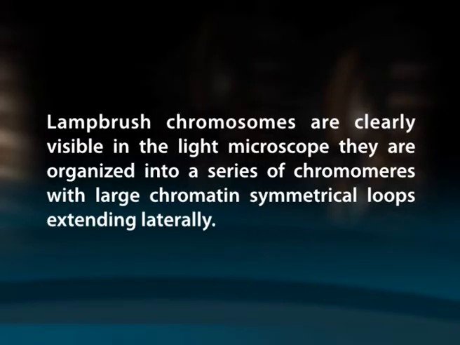Lampbrush chromosomes are clearly visible in the light microscope. They are organized into a series of chromomeres with large chromatin symmetrical loops extending laterally. Each loop appears at a constant position in the chromosome, that is, 10,000 loops per chromosome set or haploid set.